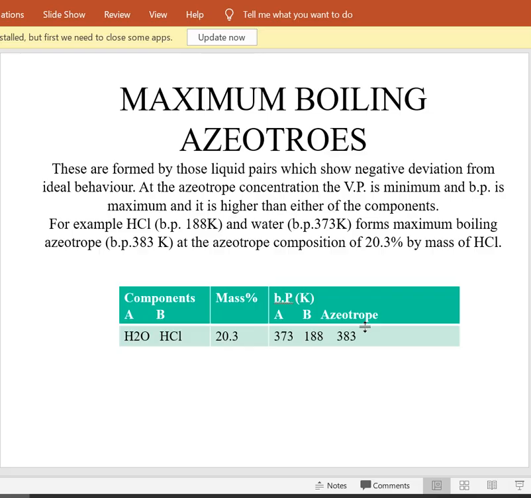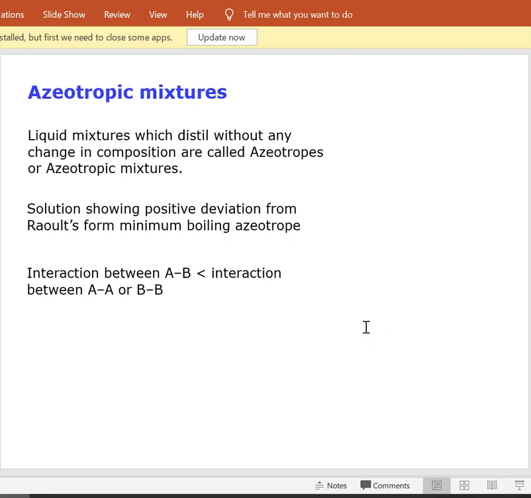So once more, the definition of azeotropes: mixtures of liquids which boil at constant temperature like a pure liquid and possess the same composition of components in the liquid as well as in the vapor phase.